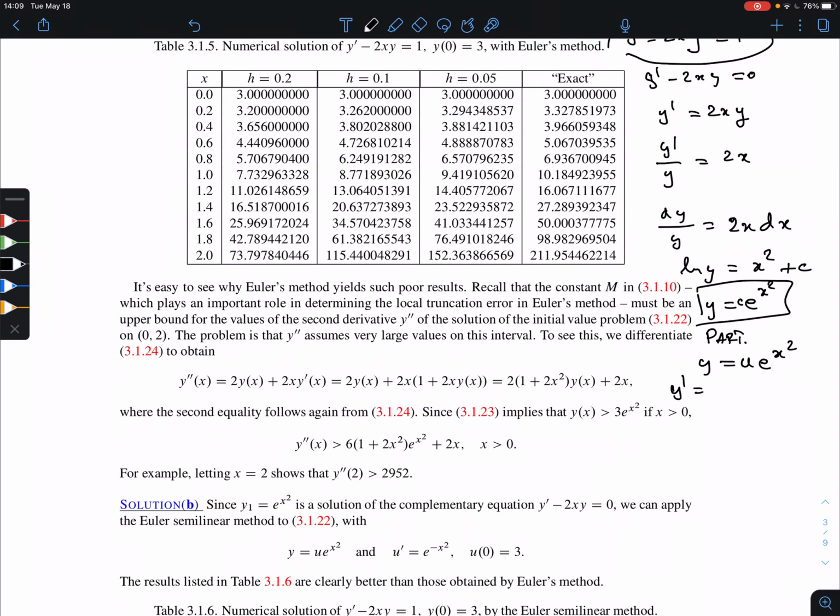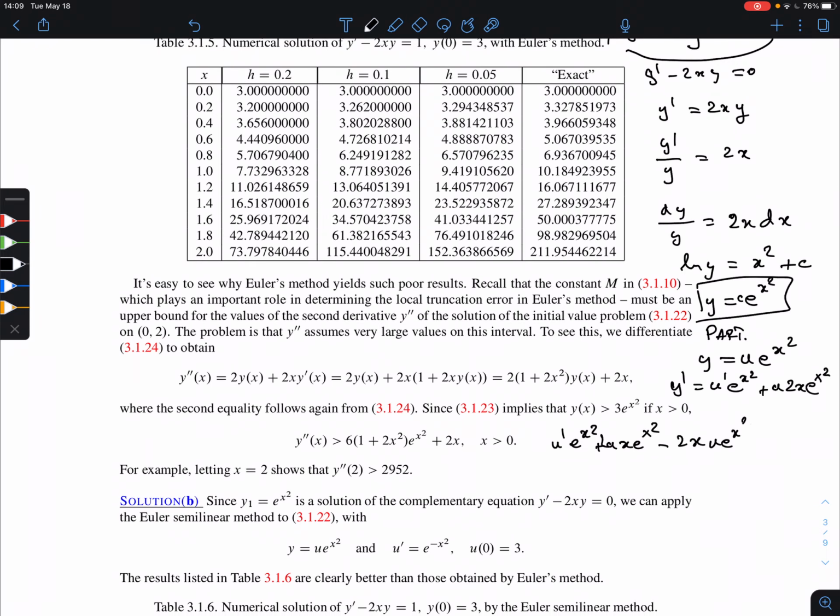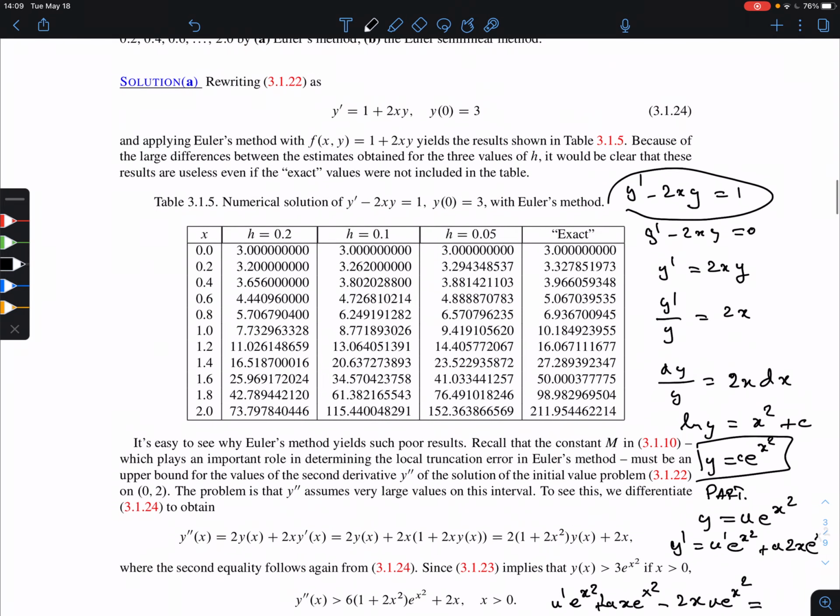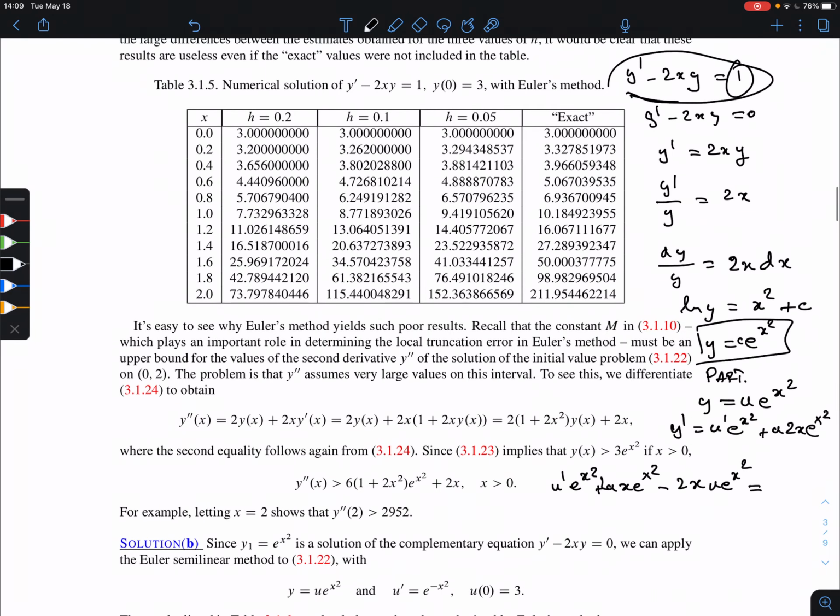Y prime is u prime e to the x squared plus u 2x e to the x squared. If I plug this in, I get u prime e to the x squared plus 2ux e to the x squared minus 2x times y, which is u e to the x squared, equals 1.